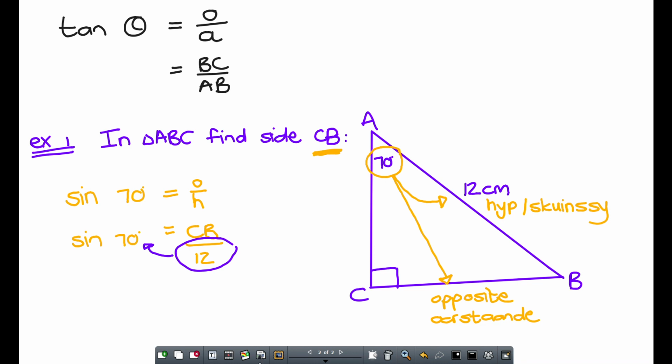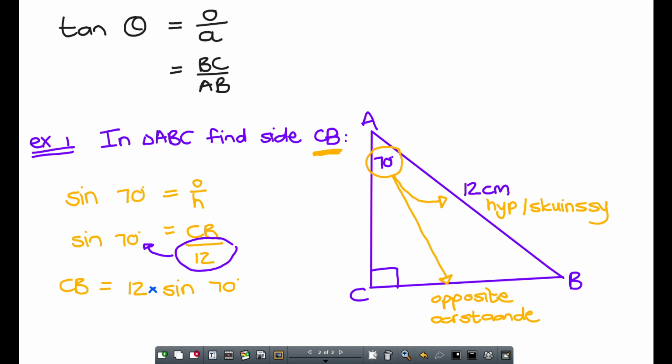Okay, so do you guys all understand why I can say that CB will be 12 times, but we don't write the times, sine 70. Maak dit vir julle sin? Hier tussenin staan eintlik 'n klein maal. But we don't write it. If you write the 12 in front of the sine 70, it means 12 times sine 70. Is julle alright daar? Goed.